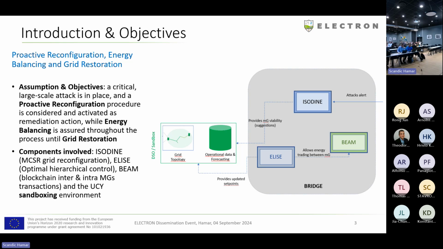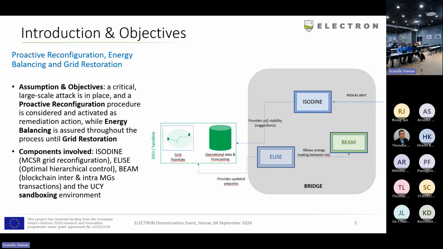For this scenario, we are working under the assumption that a critical large-scale attack is in place in the grid, and a proactive reconfiguration procedure is considered as a remediation action. Throughout the whole process, we are working towards energy balancing, and then after the attack is cleared out, we move to the grid restoration phase, when we restore the grid to its normal operation.